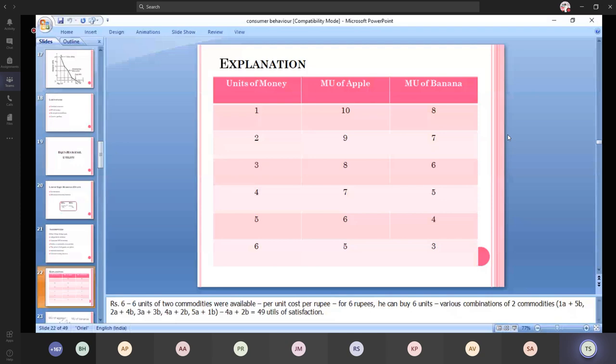Just note down in your notebook: the first combination, 1 apple with 5 bananas, gives 40 units of satisfaction.